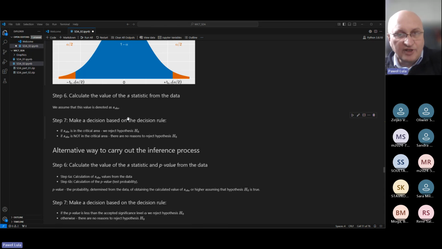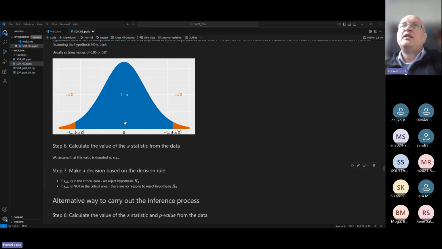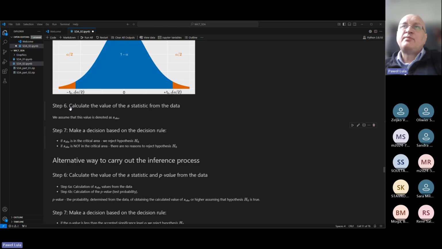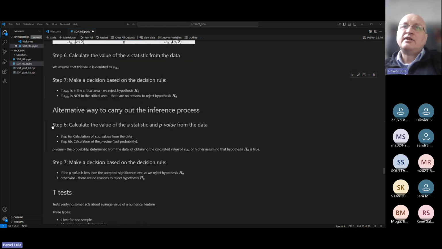We use the same procedure, but we use other values during the decision-making process. Then steps number 6 and number 7 we can reformulate, and here we have another formulation of these rules.